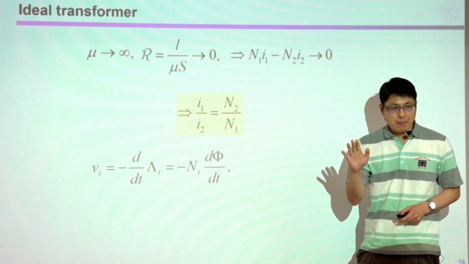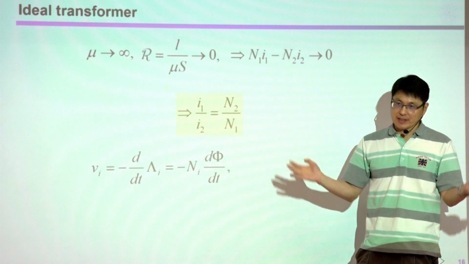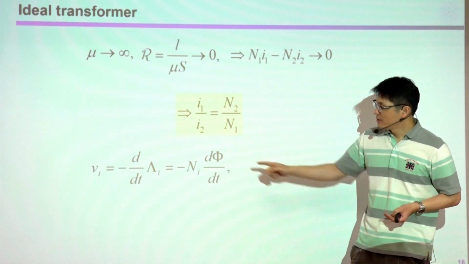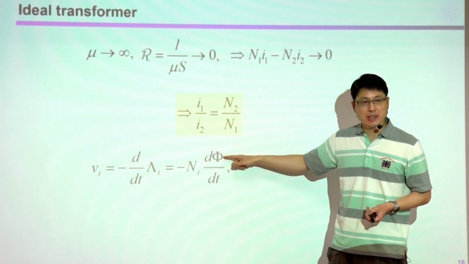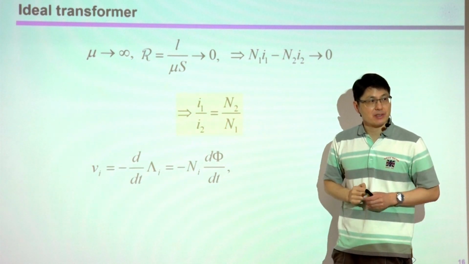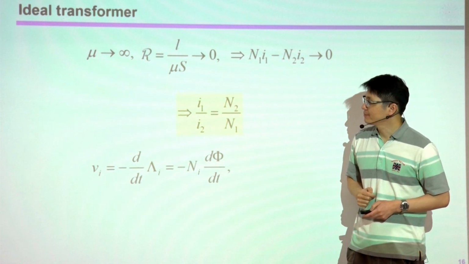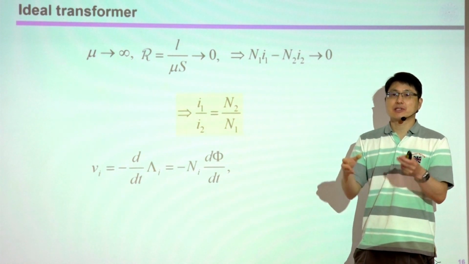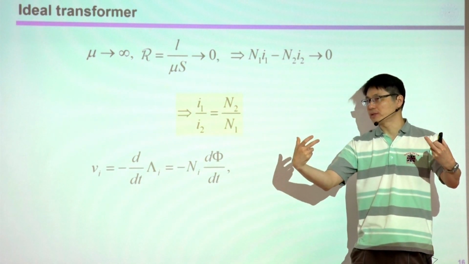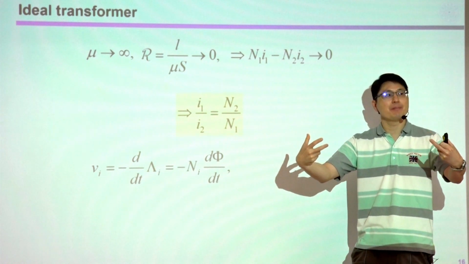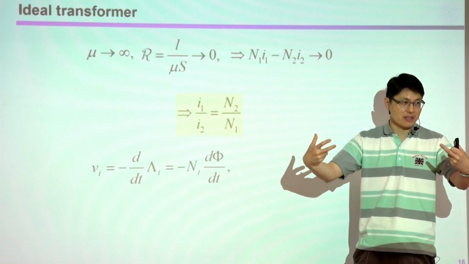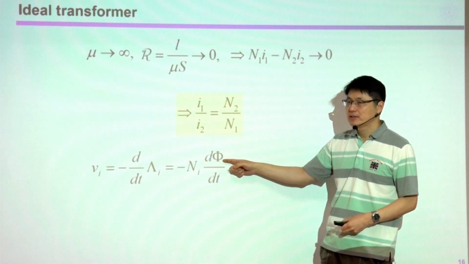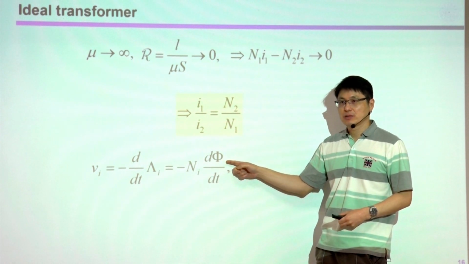Under the assumption we have a perfect transformer, phi has to be equal for both coils, right? All the field lines are confined by the coil, so coil number 1 and coil number 2 share the same number of magnetic field lines, and therefore the magnetic flux will be the same.